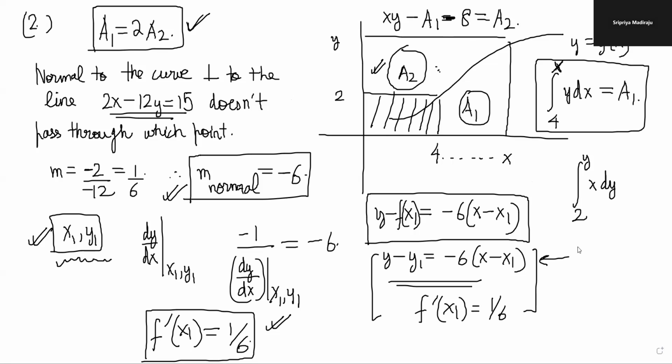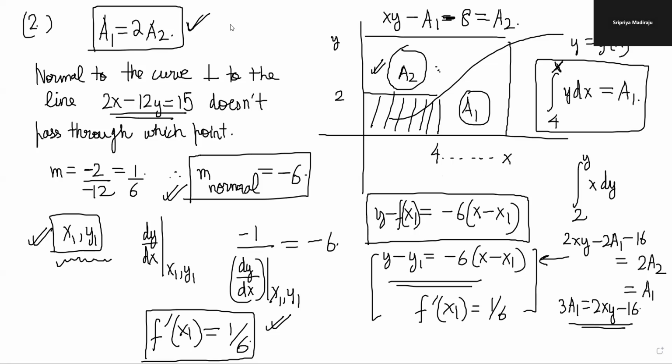If I multiply this by 2, I get 2xy minus 2A1 minus 16 is equal to 2A2, and 2A2 is also A1. So I'm getting the condition 3A1 is equal to 2xy minus 16, right?